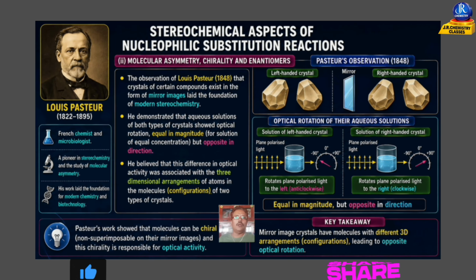Number 2, molecular asymmetry, chirality, and enantiomers. The observation of Louis Pasteur, 1848, that crystals of certain compounds exist in the form of mirror images laid the foundation of modern stereochemistry.